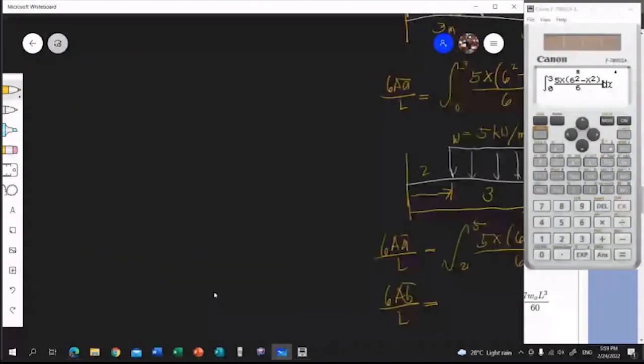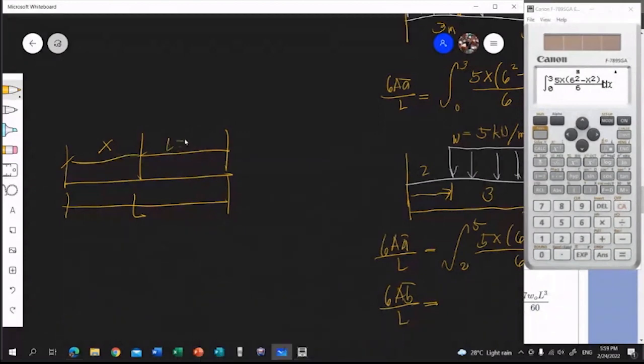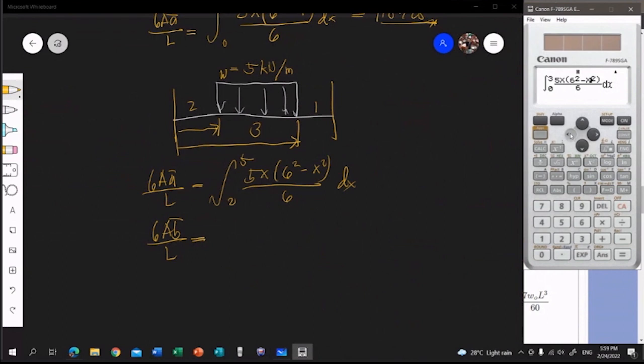If this distance is X, take note that this is L, so the other distance is L minus X. Recall the equation and replace X with L minus X, so 6 minus x.